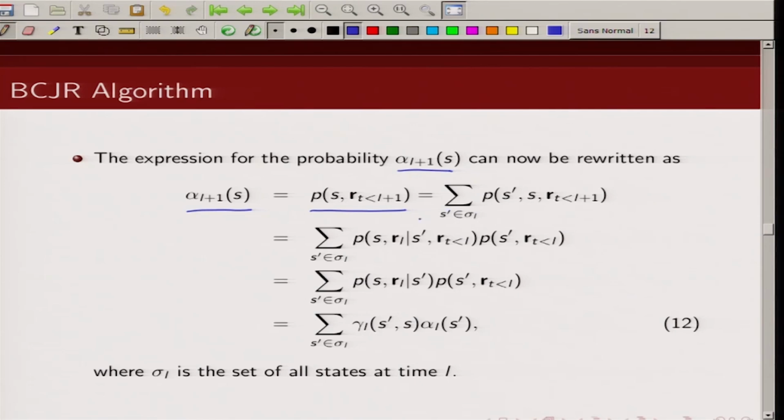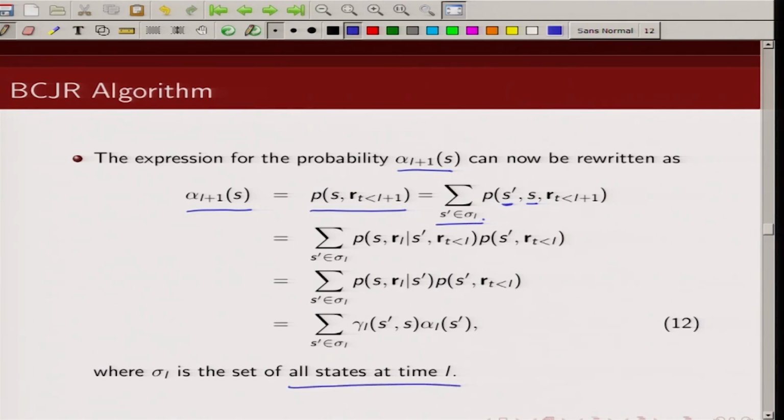Now, I can write this by adding a new variable, the previous state S hat, and summing over all previous states. So, what is this? Summation over S hat belonging to all possible states at time L.